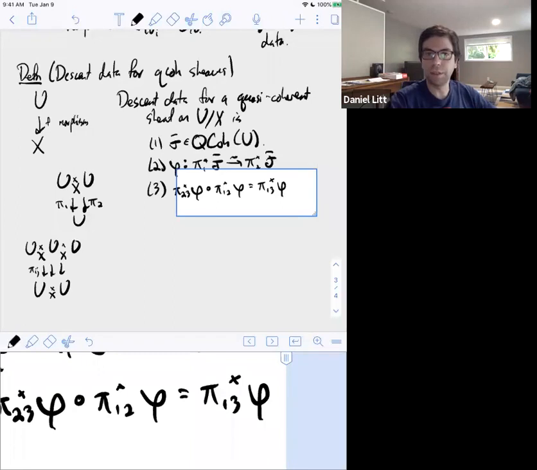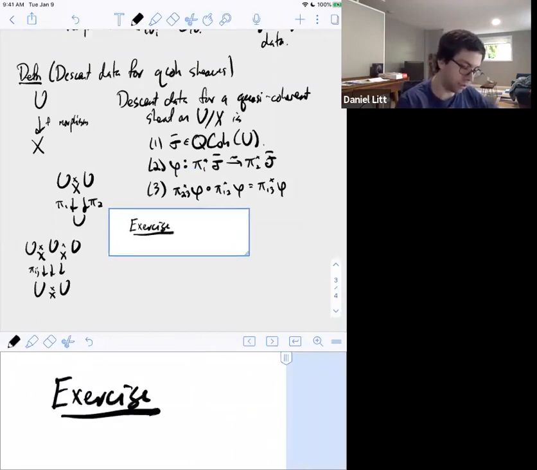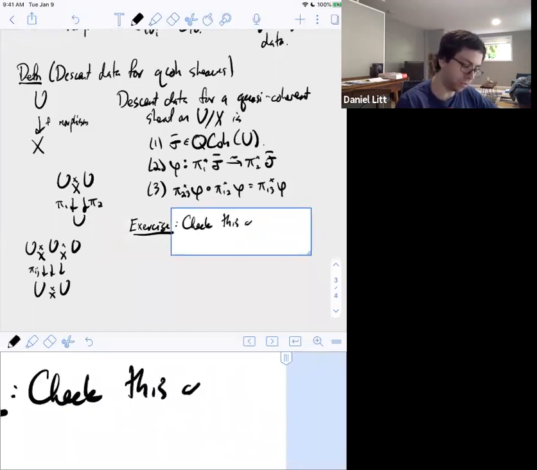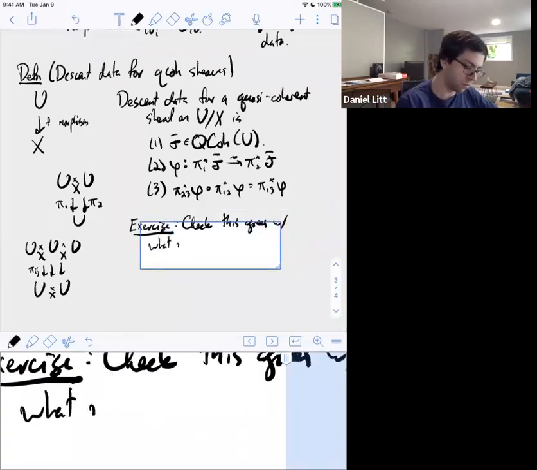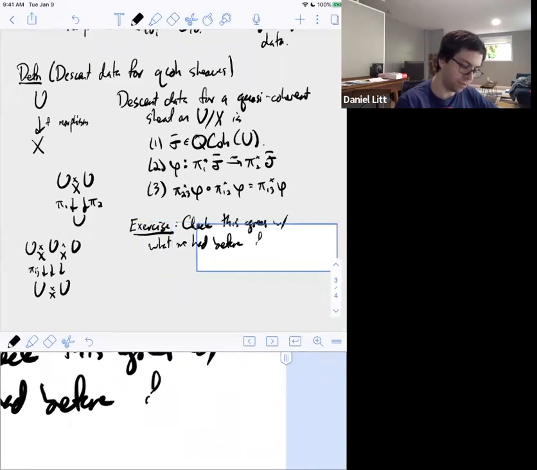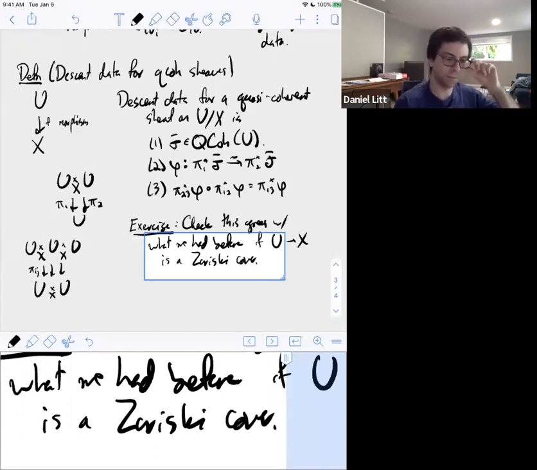Okay, so this is descent data for quasi-coherent sheaves. And the exercise is to check that this agrees with what we had before, if U to X is a Zariski cover, namely, just a cover by honest open subsets.